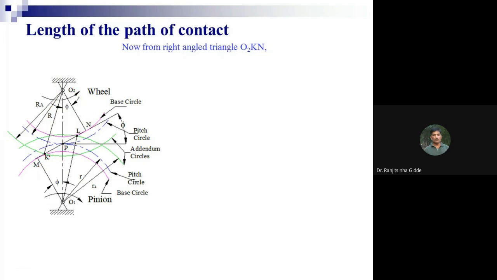So we will write Kn is equal to under root, Pythagoras theorem, right? So how to write?